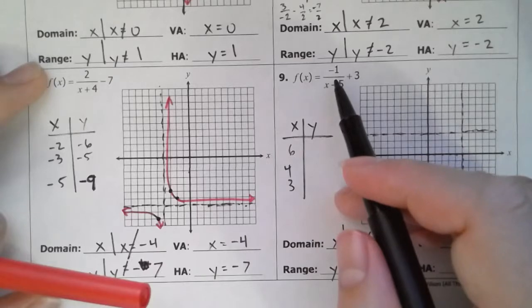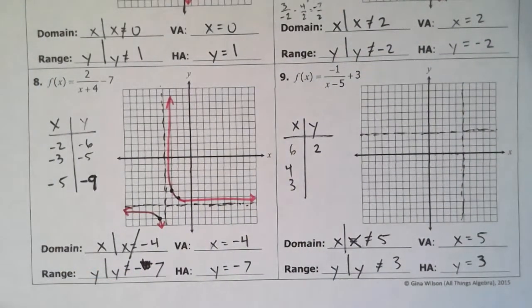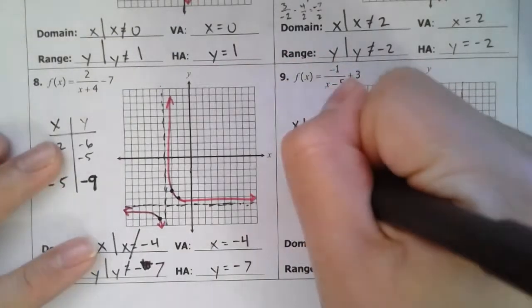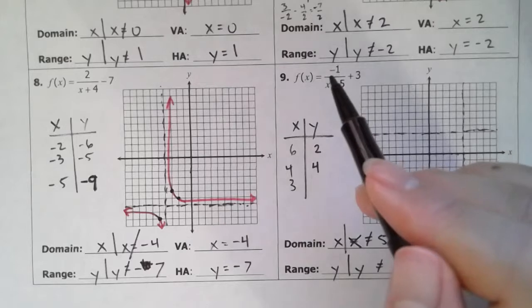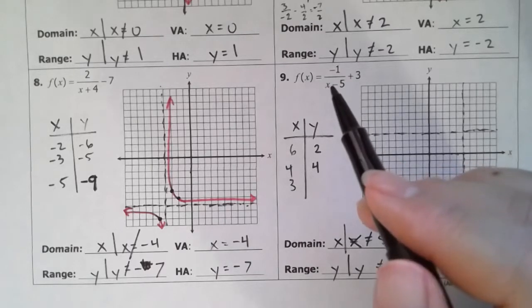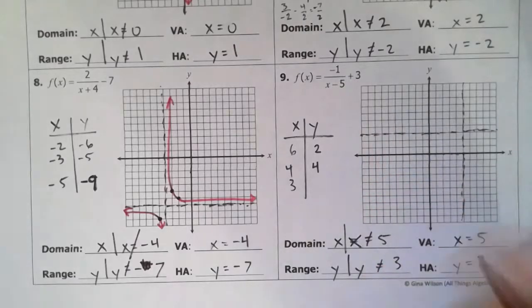I get negative 1 plus 3, I get 2. And then when I plug in 4 minus 5, I get negative 1. Negative 1 over negative 1 is positive 1 plus 3, I get 4. When I plug in 3, I'm going to get negative 1 over negative 2. Negative over negative becomes positive, so positive half plus 3, I get 3.5.